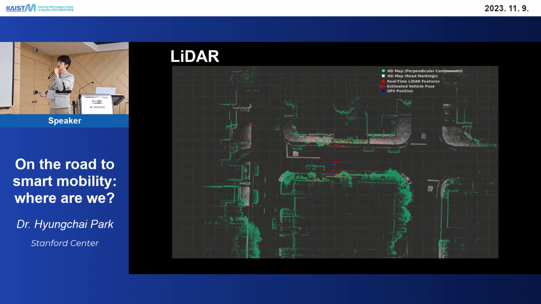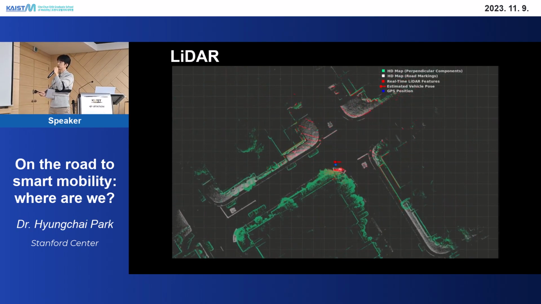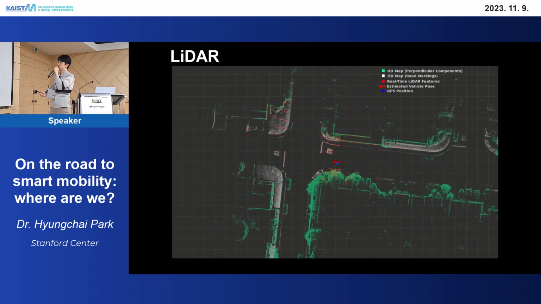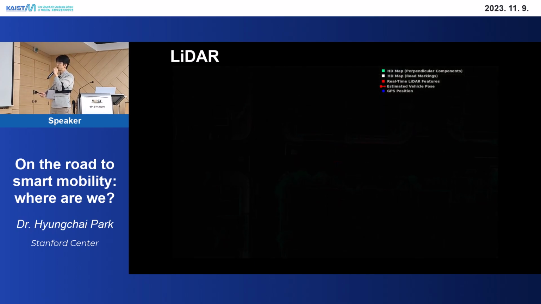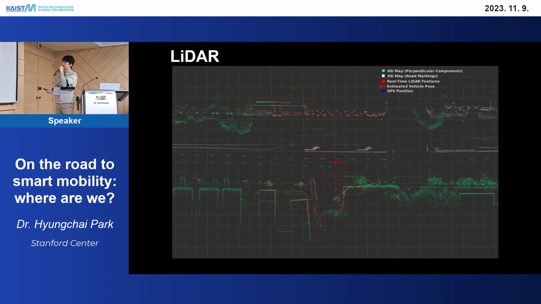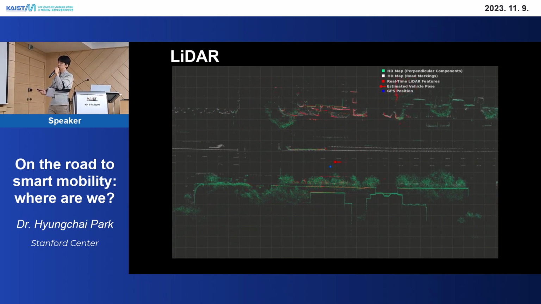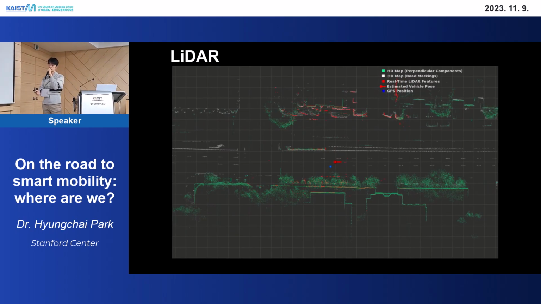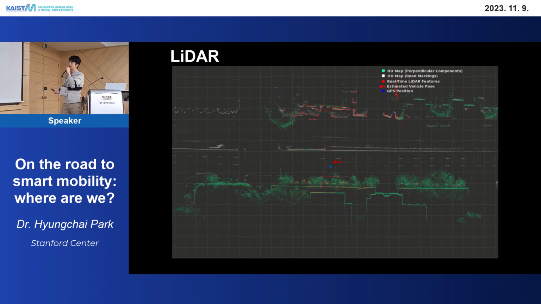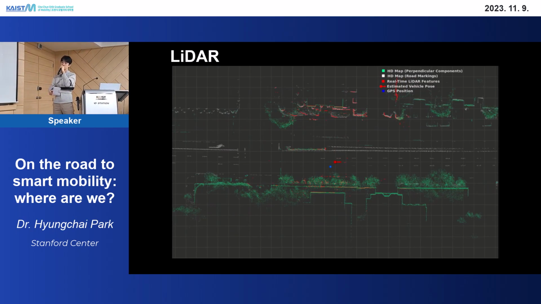They compare the real-time LiDAR measurements with the existing HD map, and from that comparison, it decides the exact location and pose of the vehicle. As you can see in this picture, the difference between these two locations is almost the width of one lane. So if you make a decision based only on the GPS location, it might result in a very critical accident.